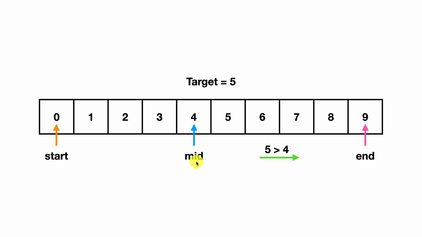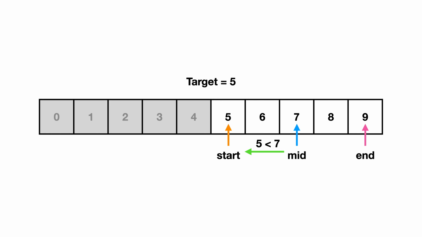Then we compare our midpoint to the target. Our target of 5 is larger than the midpoint, so we know it must be in the right half of the array. So now we've eliminated this entire left half because we know the target value cannot exist there. So by eliminating this, we know 5 must exist somewhere in these remaining items.